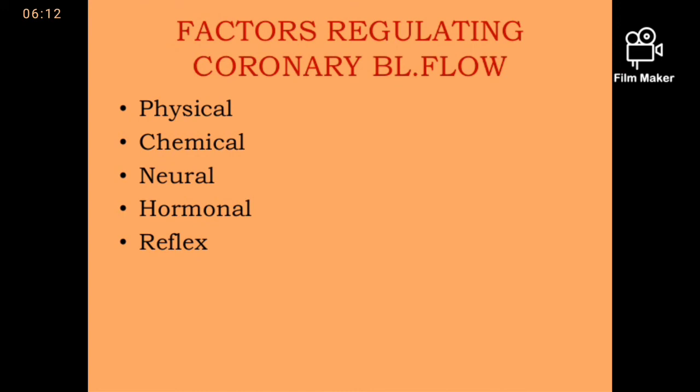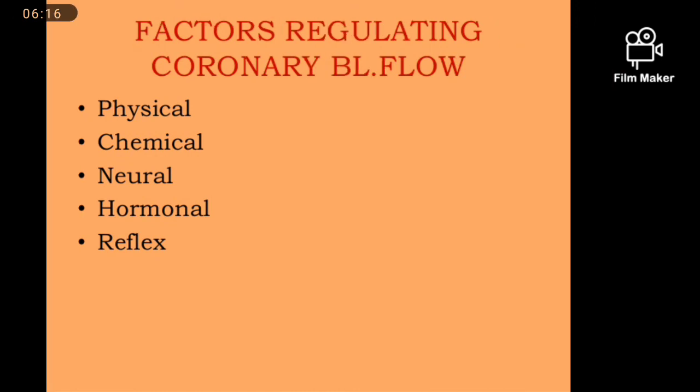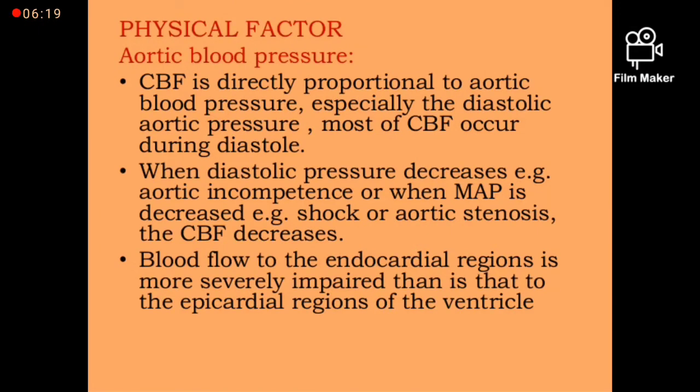Factors regulating coronary blood flow are physical, chemical, neural, hormonal and reflexes. Physical factors: aortic blood pressure. CBF is directly proportional to the aortic blood pressure, especially the diastolic aortic pressure. Most CBF occurs during diastole. CBF decreases when diastolic pressure decreases, as in aortic incompetence, decreased MAP, shock, aortic stenosis and decreased CVP.